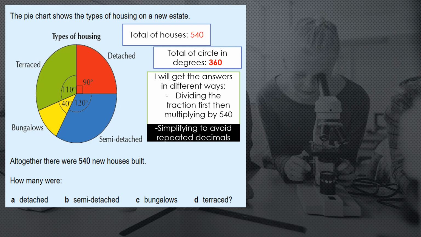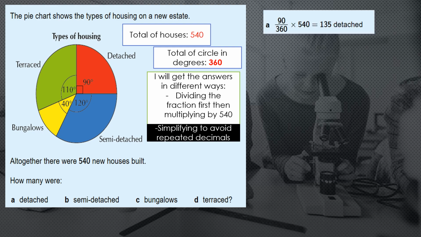Let's look at part A. How many were detached? Detached houses are represented by the red sector. We look at it to get 90 degrees. So this 90 degrees is out of 360, and then you multiply it by 540.